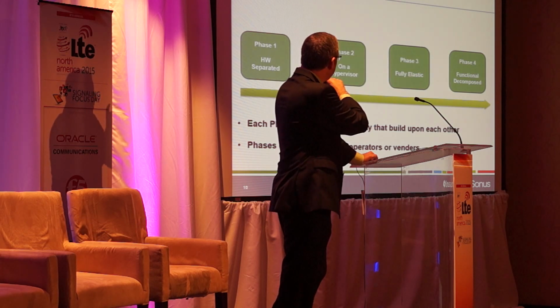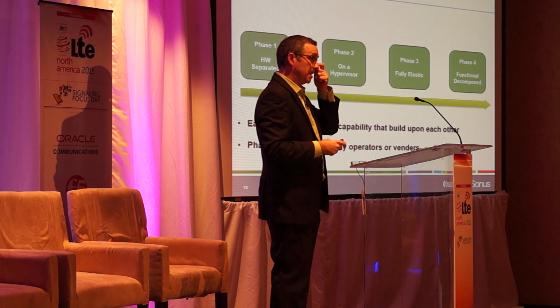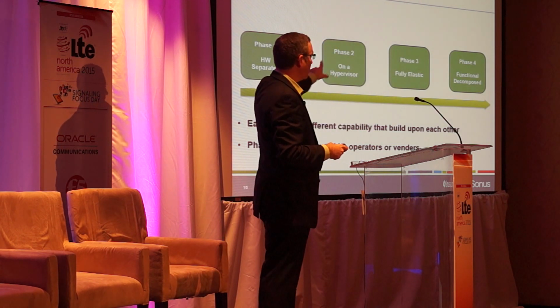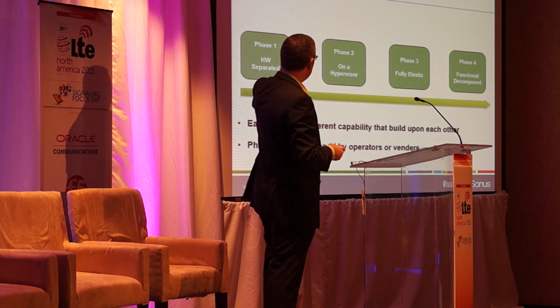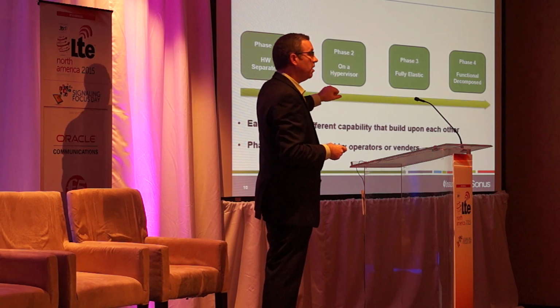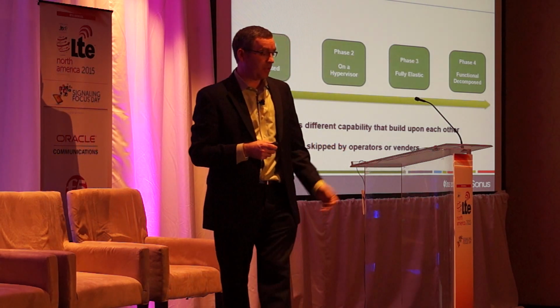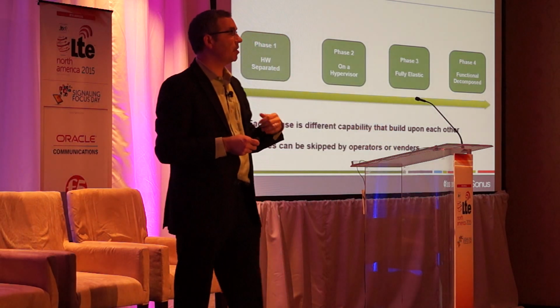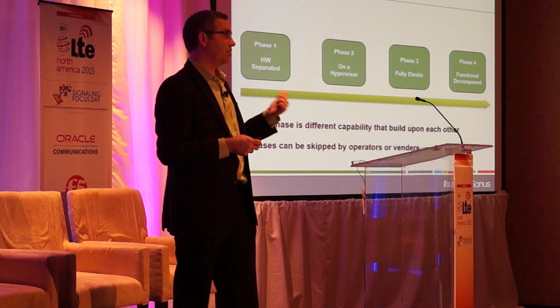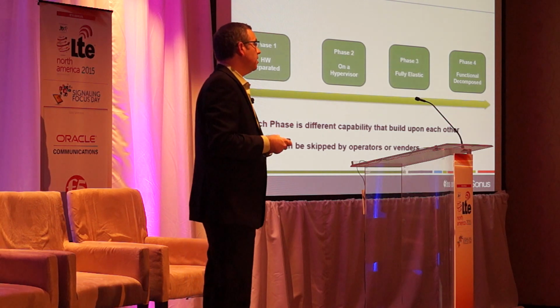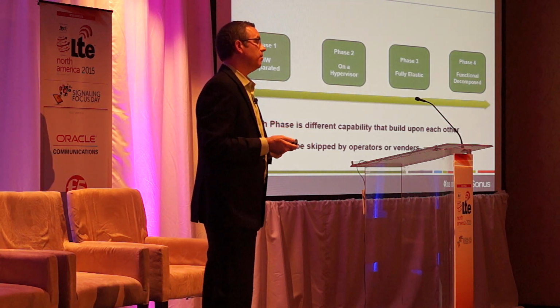And then as you go from left to right, the little fish on the left get eaten by the bigger fish. So if you have hardware separated in phase 2, that also includes phase 1. And so each phase basically has different capabilities, and you build upon each other, and certain phases could be skipped by an operator and or a vendor.